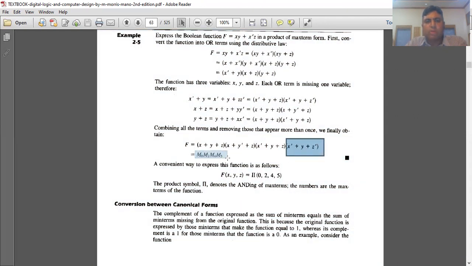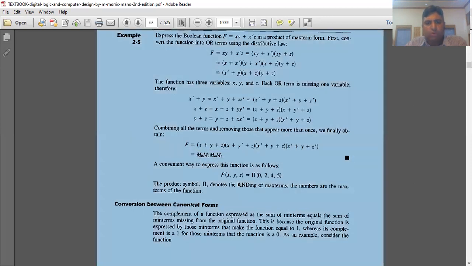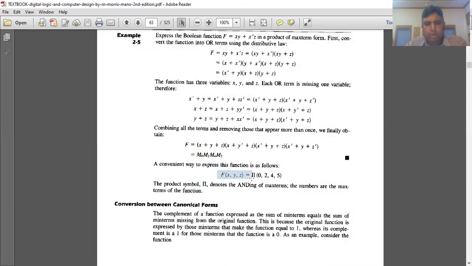So we have written M0 into M2 into M4 into M5, and you can also write it as f as a function of xyz. This is the symbol of pi, and you can write only the subscripts here: pi into bracket 0, 2, 4, 5. So this function is written in the product of maxterms as f(x, y, z) equals pi 0, 2, 4, 5.